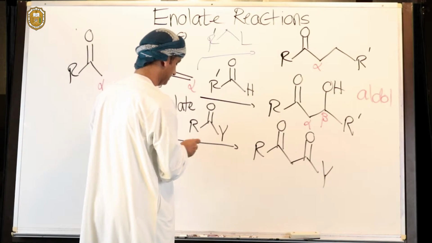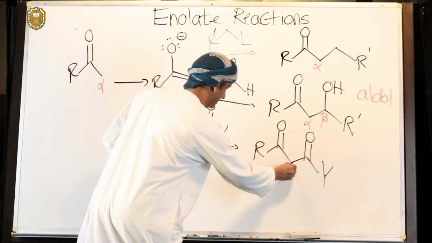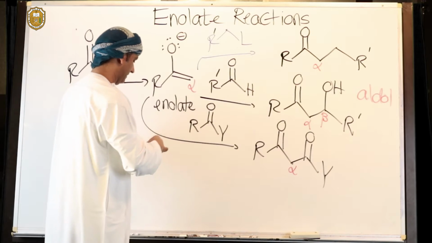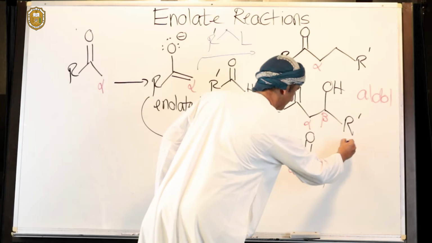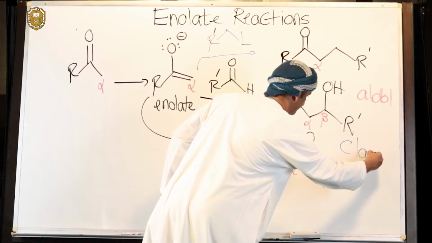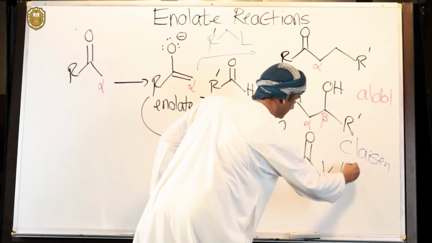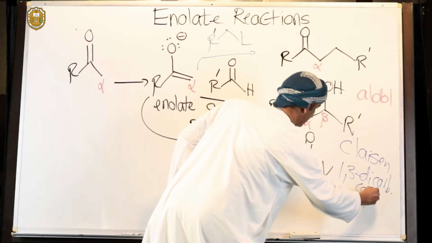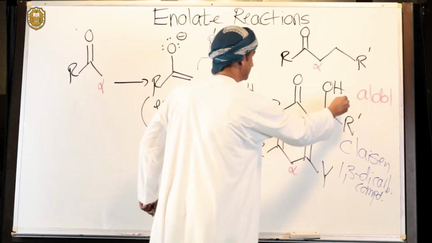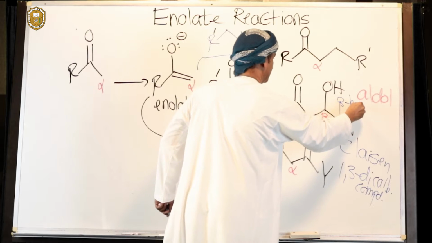And this is again the alpha carbon. So this reaction, as we learned before, is called Claisen. And of course, the product is a 1,3-dicarbonyl compound. Of course, this is the beta hydroxy carbonyl compound.